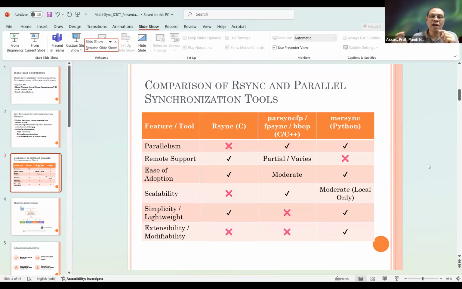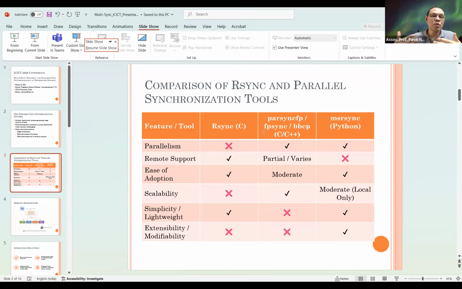So you have to mention that based on your research, you compared it with just one process and one thread. Do you get what I mean? Because otherwise it will not be fair, not comparable. You said that rsync uses just one process.